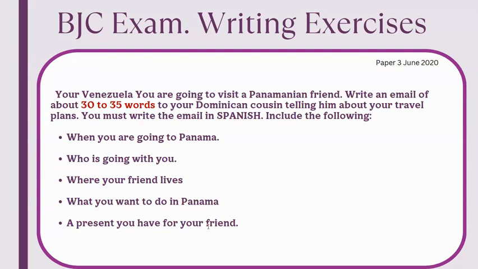I just want you to have an idea that when you come to doing these writing exercises, this is how important vocabulary is going to be. All right? Anybody knows the word for present? No? Regalo. Regalo is the word for present or gift. Okay? And so you will take a gift for your friend.